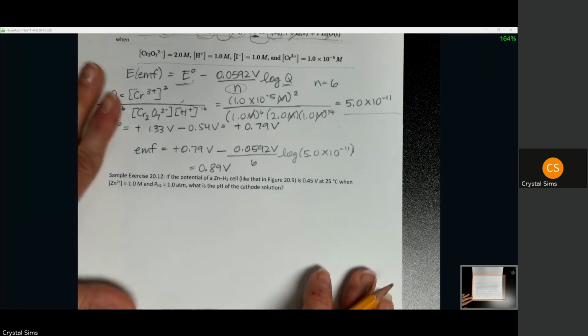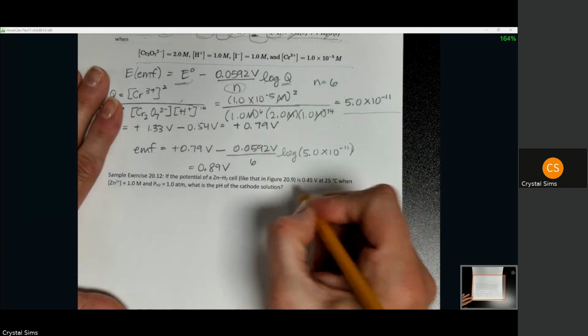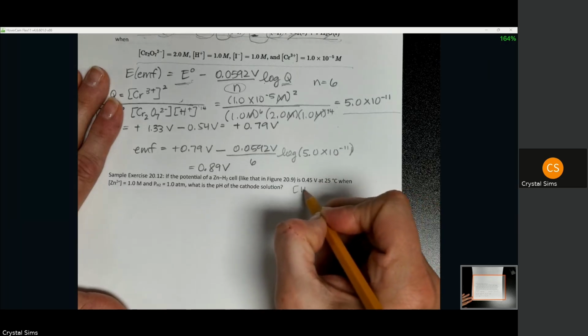We have our EMF, our E, our EMF value, 0.45 volts. We have the concentration of zinc. We have the partial pressure of hydrogen gas. We need to calculate pH. Well, how do we calculate pH? Well, in order to get pH, we have to first get to the hydrogen ion concentration.